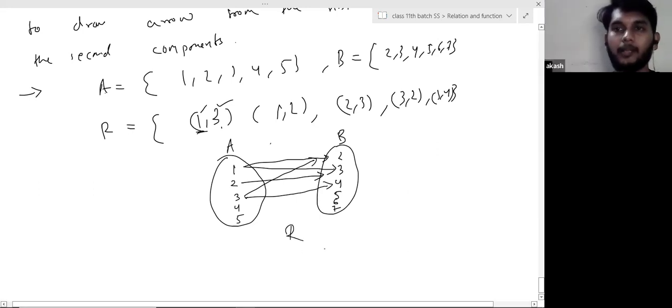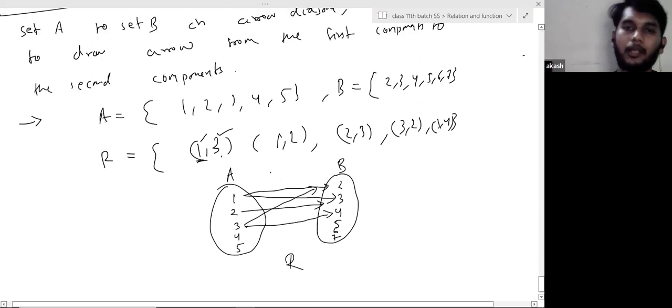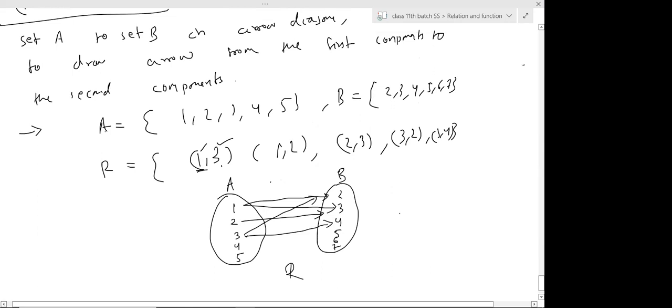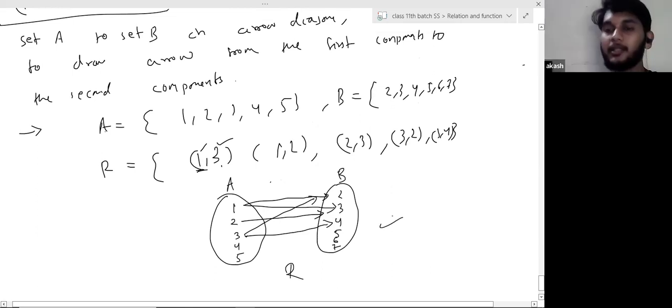Right, this is very easy, and this is relation R. This is called arrow diagram, which we will use a lot. Right, Fahad, this is clear? Yes, sir. All right, and please understand this very clearly, this will be used in class 12th also.